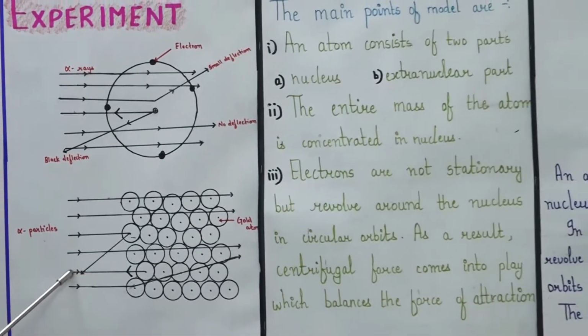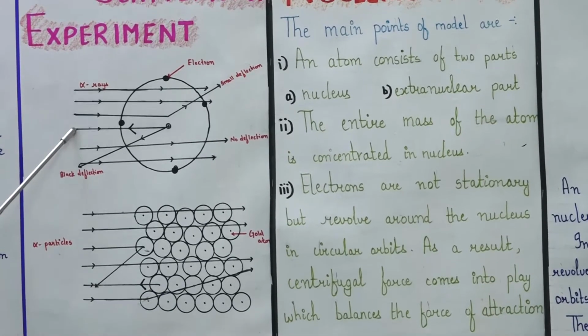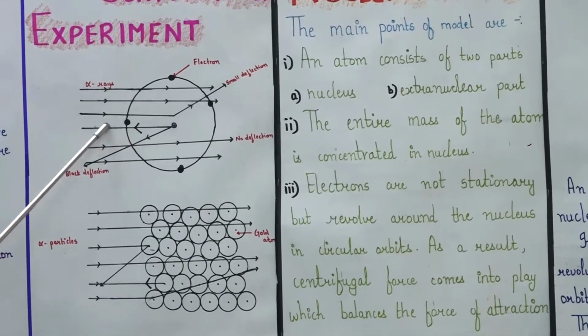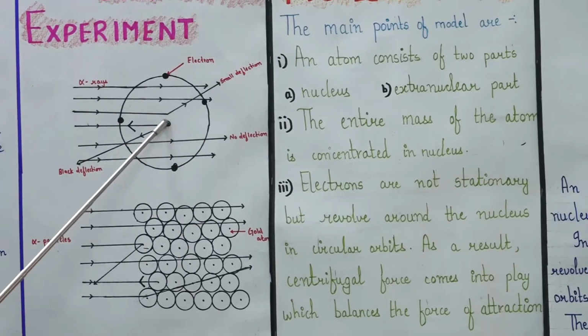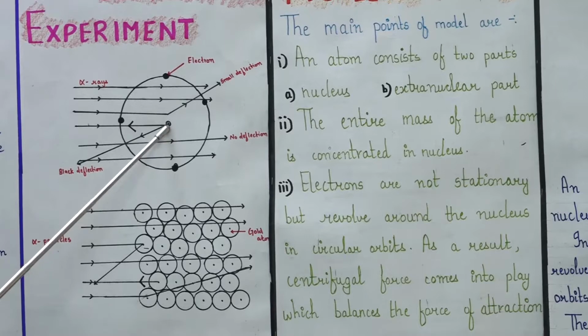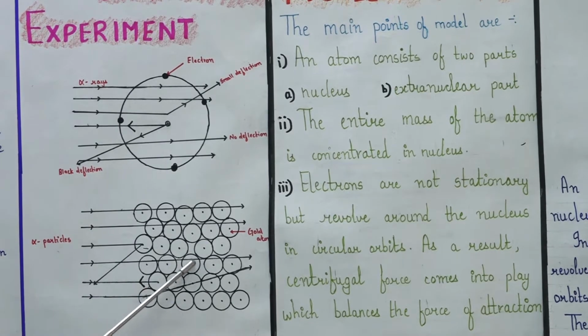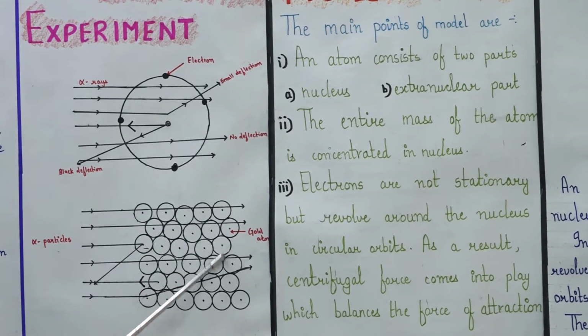Since some alpha particles were deflected back and alpha particles are heavy particles, these could be deflected back only when they strike a heavier body inside the atom. Since the number of alpha particles deflected back is very, very small, this shows that the heavy body present in the atom must be occupying a very, very small volume.